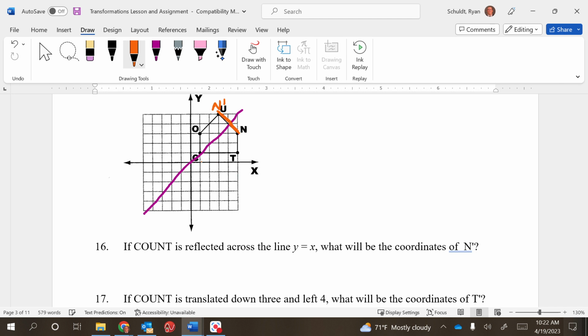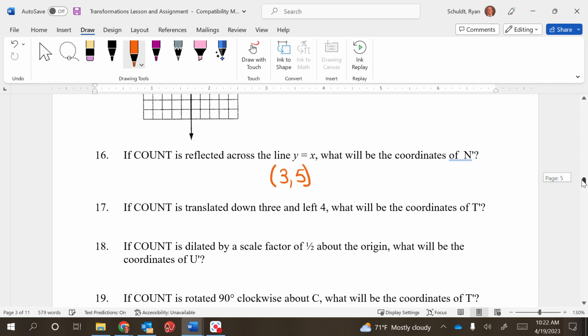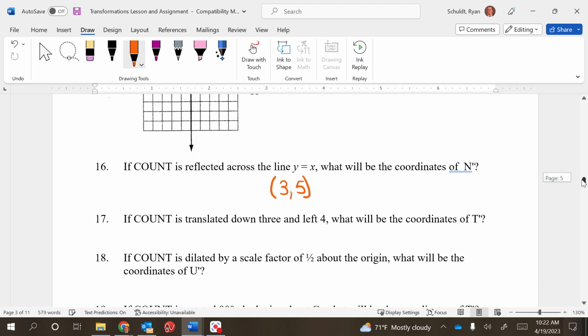What are the coordinates for N prime? 1, 2, 3. 1, 2, 3, 4, 5. So 3, 5. Okay. If count is translated 3 down, left 4, where will T prime be?